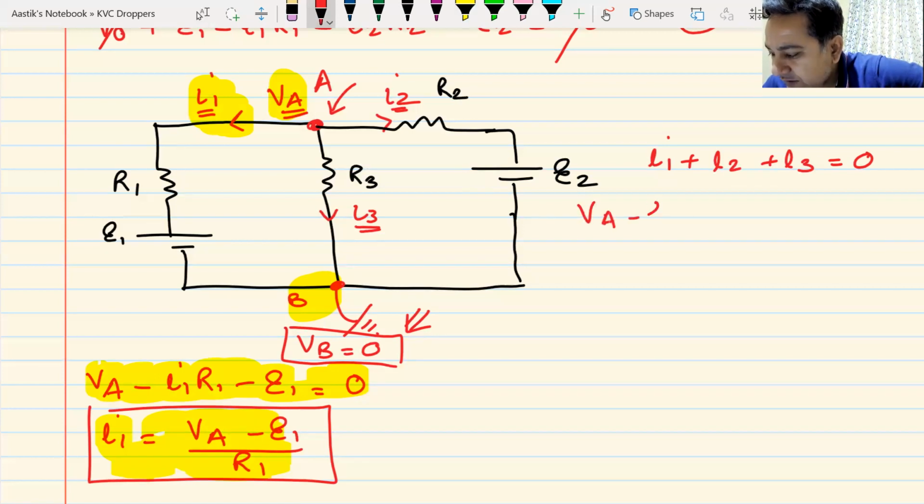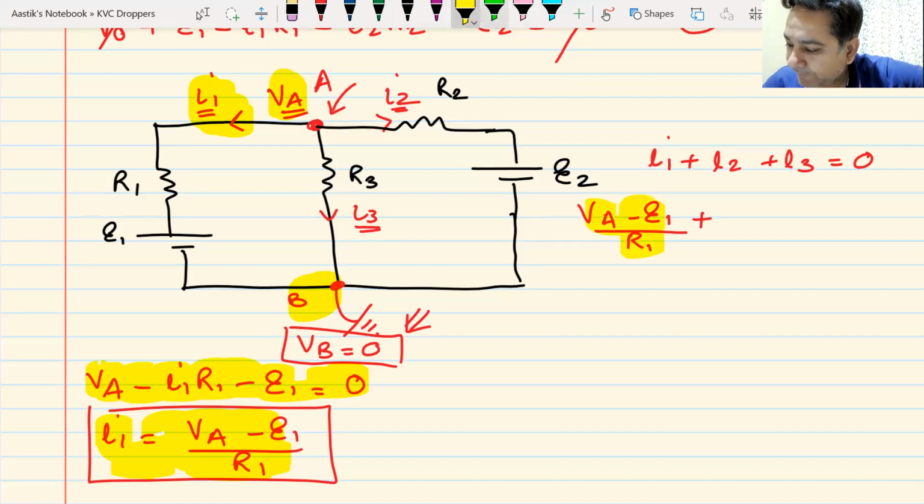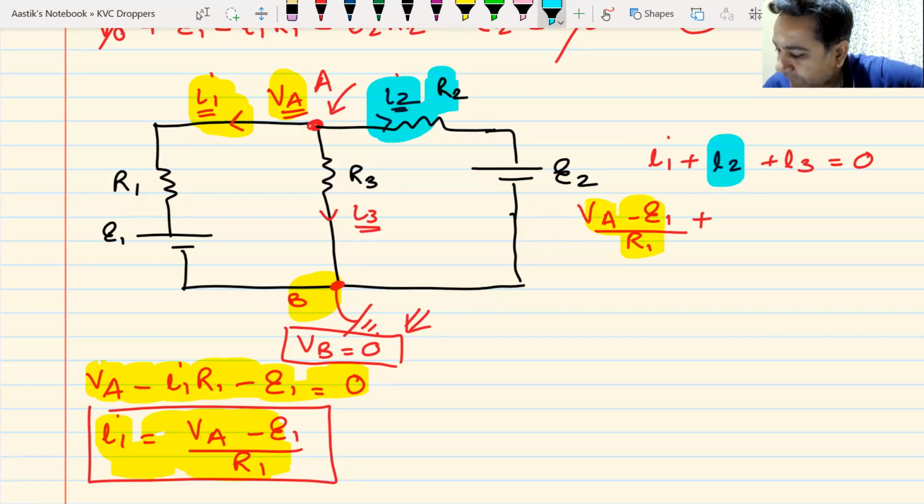I1 is VA minus E1 divided by R1 because the battery is getting subtracted. What will be the value of I2? VA minus E2. Here also the battery is getting subtracted. So I will get VA minus E2 divided by R2. Yes or no? Yes, sir.